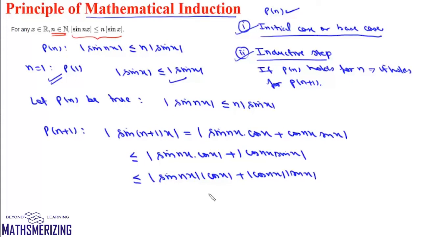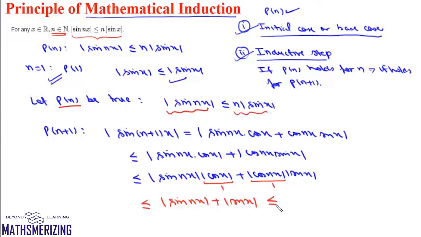Now we know that the maximum value of mod cos x is 1 and also mod cos nx is 1. So that means we can write this expression as less than or equal to mod sine nx plus mod sine x. Now Pn says this mod sine nx is less than or equal to n mod sine x.